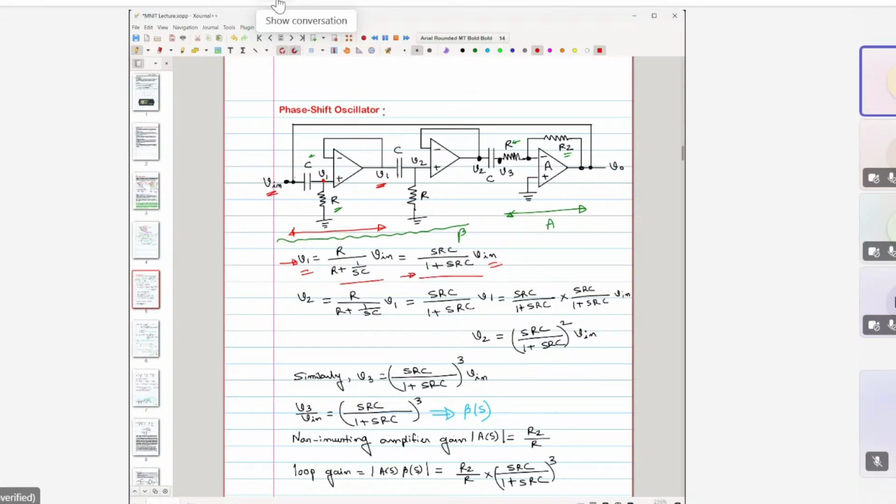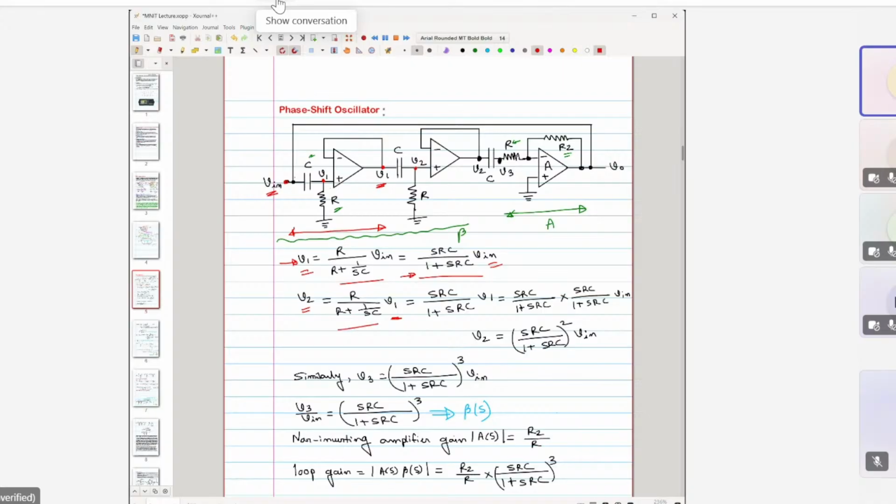Now similarly, if we have to find the relation between V2, that is this, and this V in, how can you do that? It is not difficult, because you know what is the input V1, right? For this case, this C and R. So it is R again, R by R plus 1 by SC into V1, because V1 is the input and it's the same value of R and C we have used everywhere.